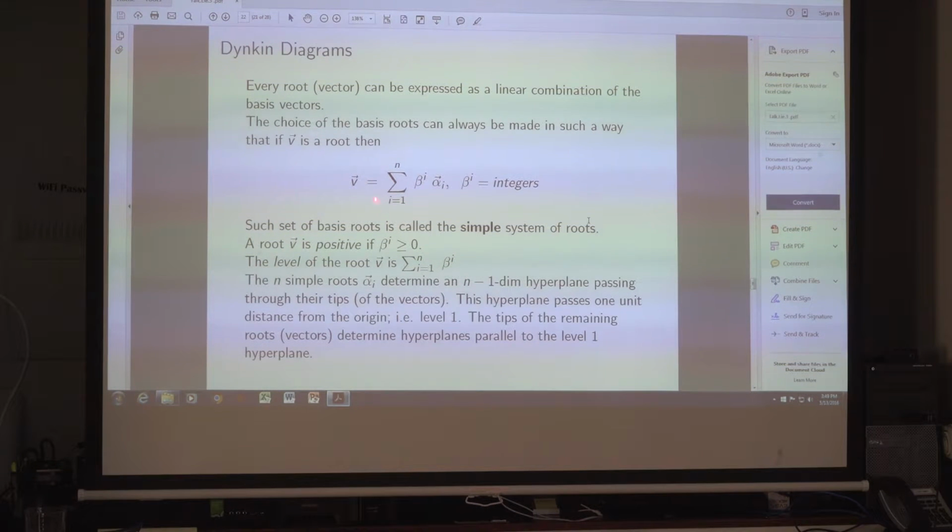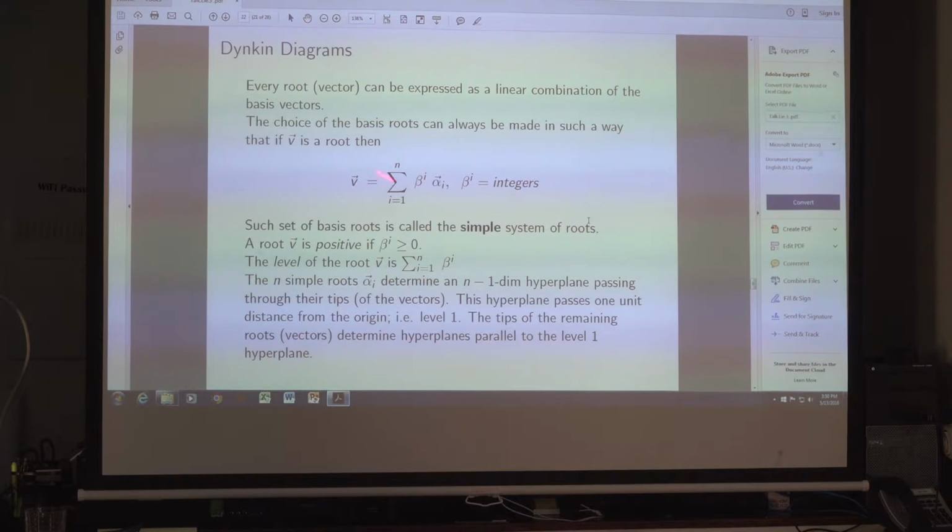For example, let's suppose here for V I have alpha 1. So alpha 1 equals alpha 1. Trivial, right? So the first coefficient is 1. Alpha 2 equals alpha 2, so the first coefficient is 0 and the second coefficient is 1.